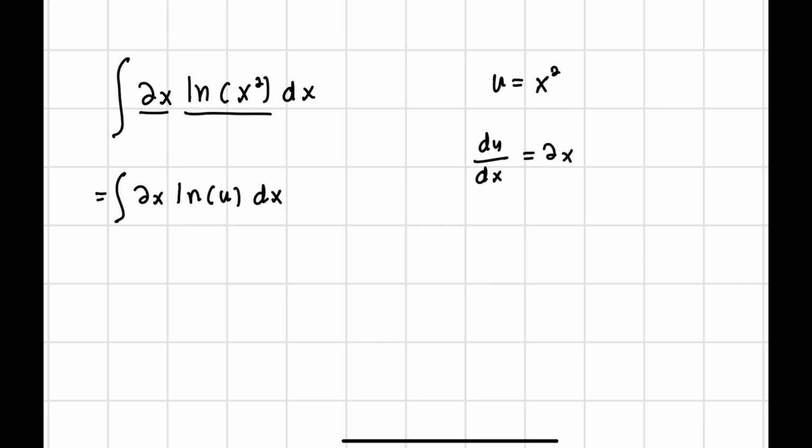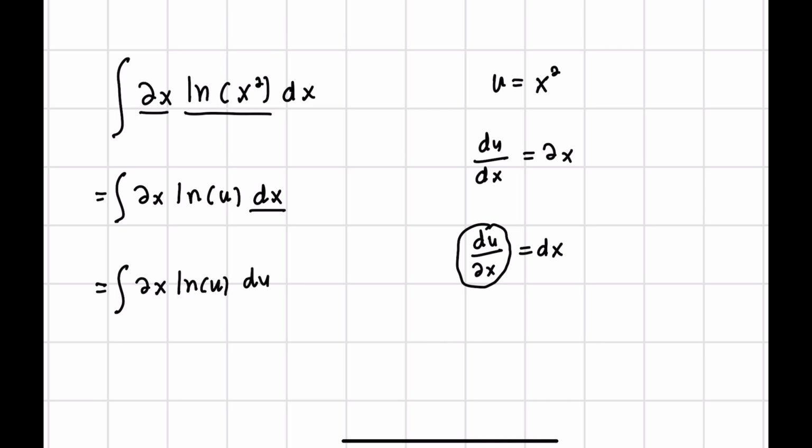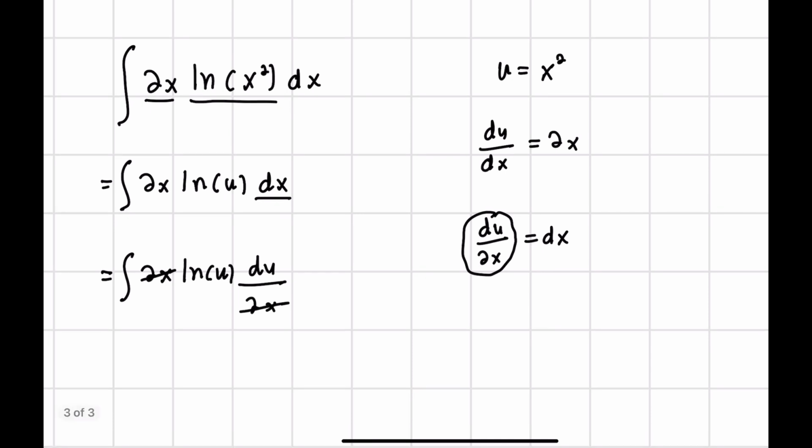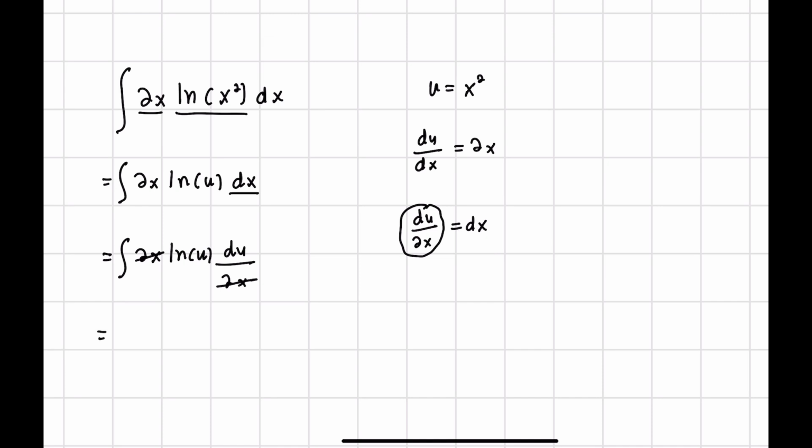And let's rearrange everything else. So we have du over 2x equal to dx. And now you can see our dx can be replaced with du over 2x. So we have the integral of 2x times ln u du over 2x. And you can see the 2x's cancel out nicely. And that leaves us with the integral of ln u.